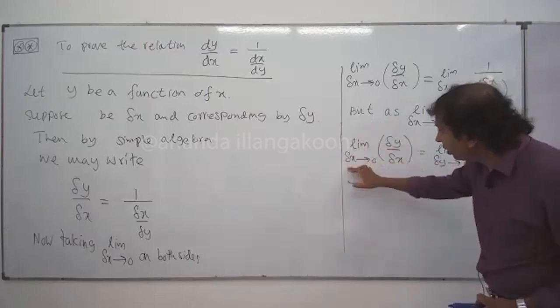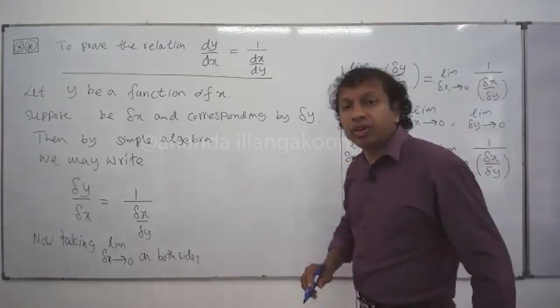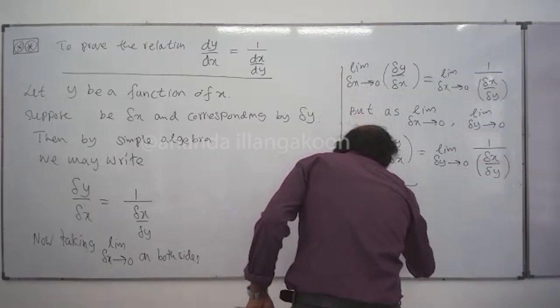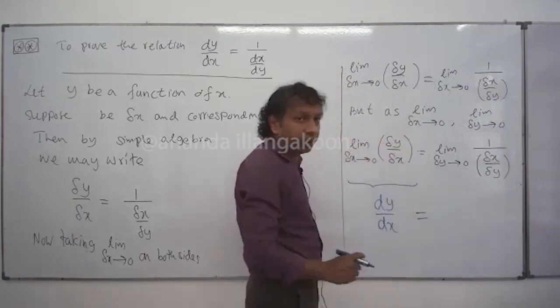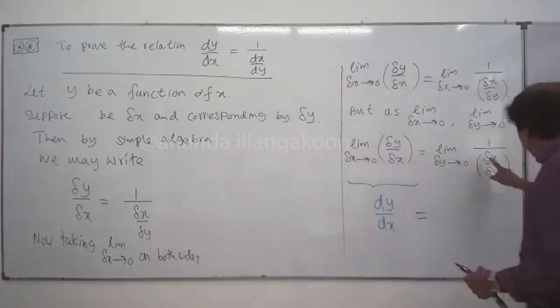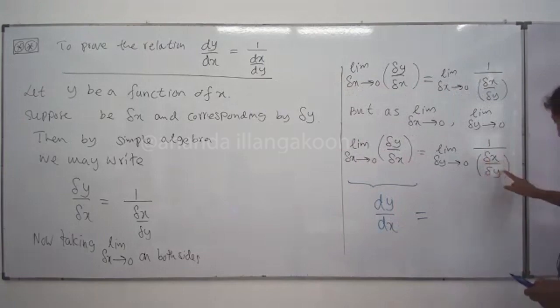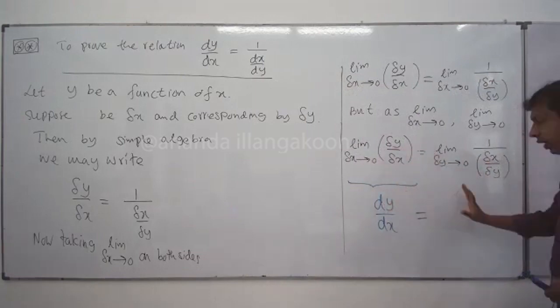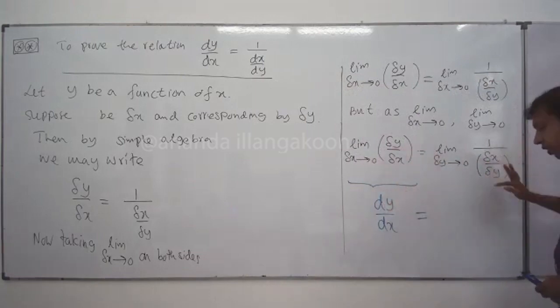This dy by dx is equal to, here delta letters x, y are there and the denominator one is going to 0, so we give the notation dx by dy.